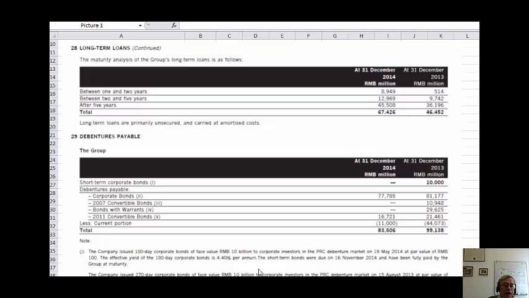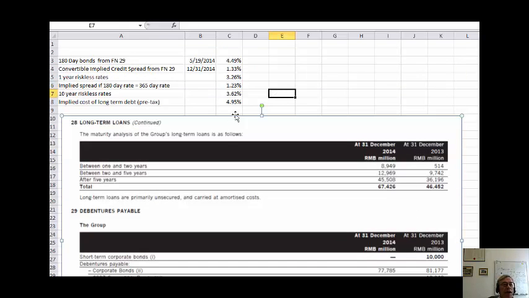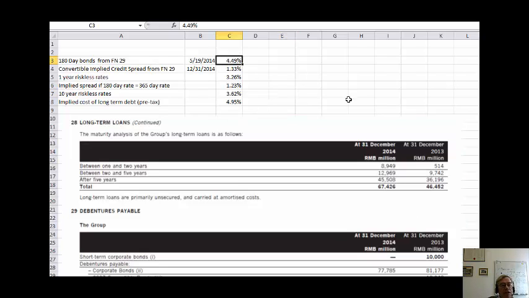One is an 180-day debenture that was issued in 2014, and the second is a convertible debenture. First, the 180-day debenture. It was issued with a yield of 4.49 in May 2014. Secondly, the convertible debenture. The yield of the convertible debenture is not useful because a convertible debenture allows the holder to convert that debenture into a specified number of shares.